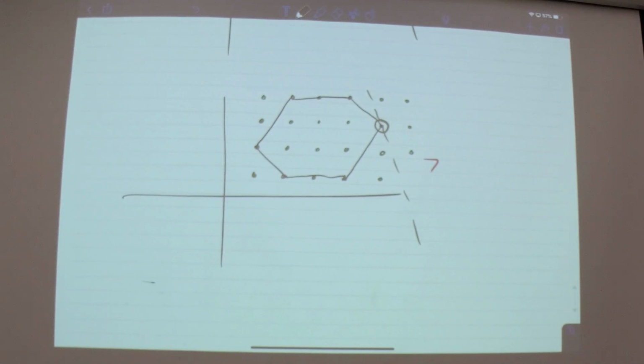In other words, all the vertices of the polytope happen to be on the grid. Okay? If that were the case, and we knew this, then we could pretend the grid points weren't there. We could solve the linear program, which we know how to do. And because we know that the polytope vertices are always on the grid, we know that every answer we get is on the grid and is an integer point and makes it happen.